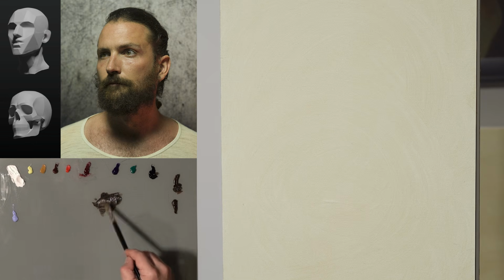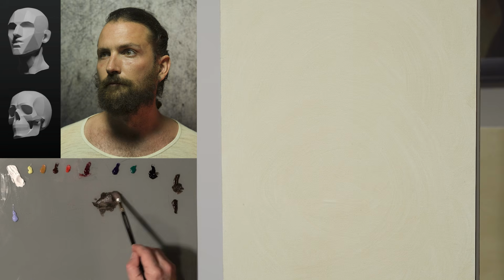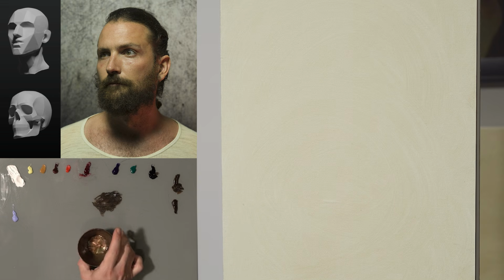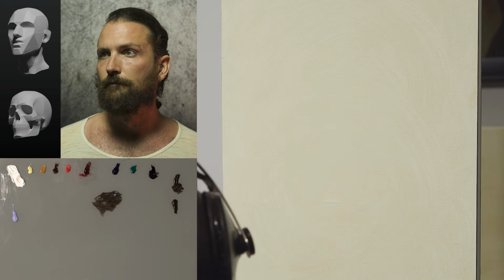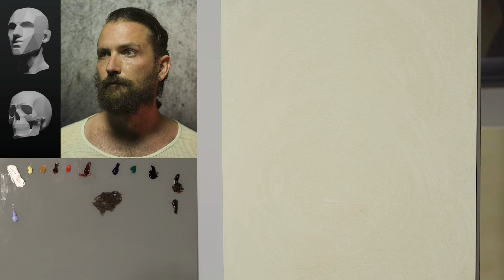So, raw umber with ivory black mixture, with a bit of Galkit light. I will just use a bit of Galkit light mixed with mineral spirits. If you don't have Galkit, just use mineral spirits. It is totally fine.